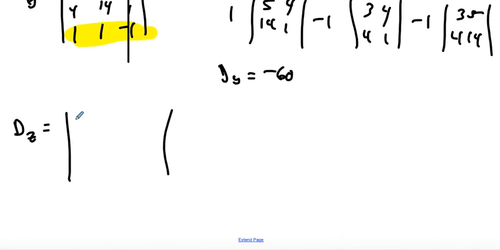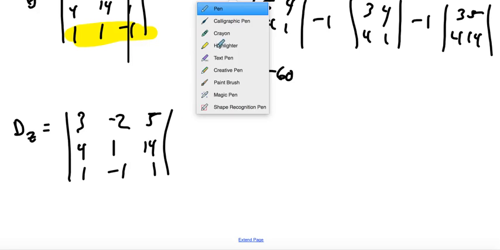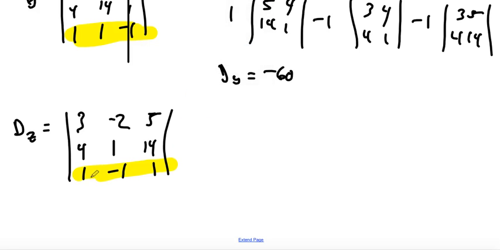And that would be then again 3, 4, 1, negative 2, 1, negative 1, and then now we replace this with 5, 14, and 1. Cool beans. I'm going to highlight this right here. All right. And I know I'm going to use plus minus plus for this row right here. And let's go ahead and begin.